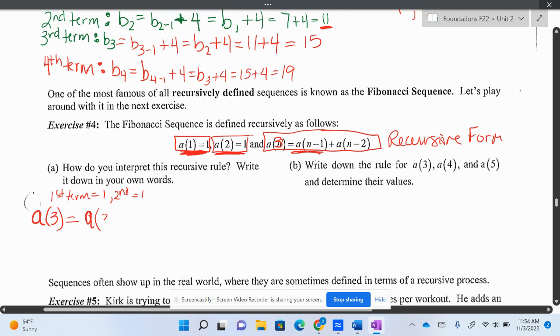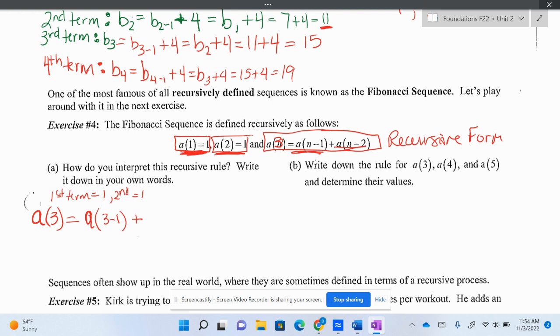Well, we take 3 minus 1. And to that, we add the second term, which is a to the 3 minus 2. So let's simplify that. What is a to the 3 minus 1 really talking about? a to the 2, which is the same thing as the second term. And what is a to the 3 minus 2 talking about? a to the 1, which is the first term.